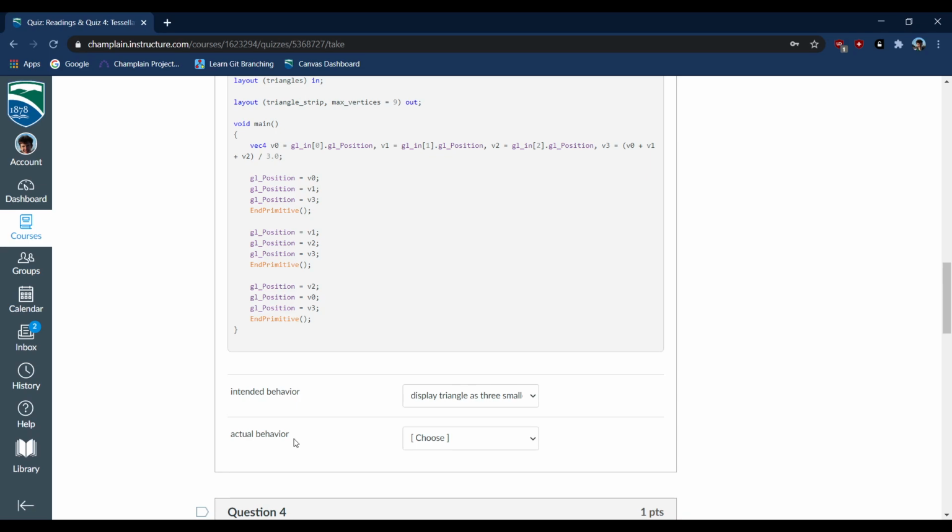But I think what it's actually going to do is probably display them as points because it doesn't emit the vertex after each step. So it'll just be 3, 3, 3. Just do V3 3 times, I think, instead of actually doing the 3 small triangles like it's supposed to.